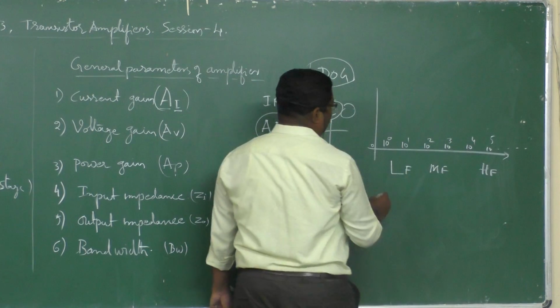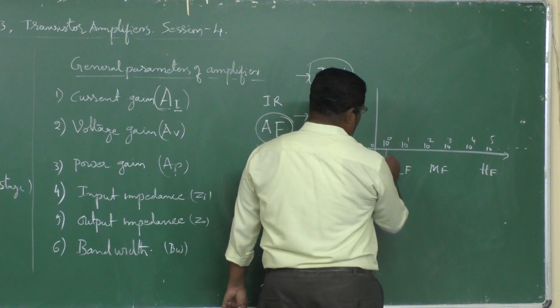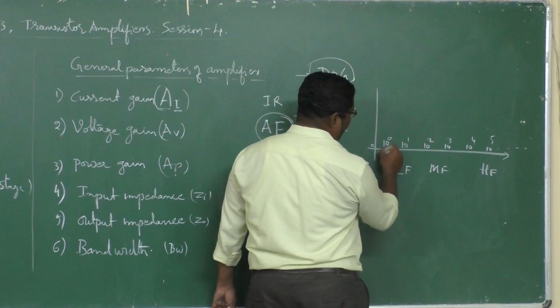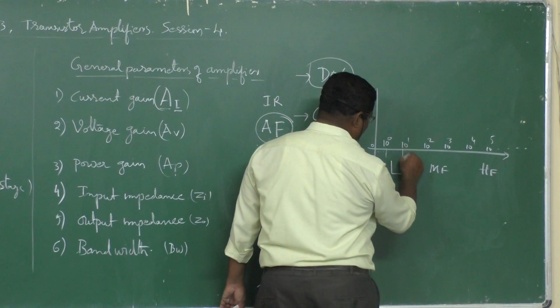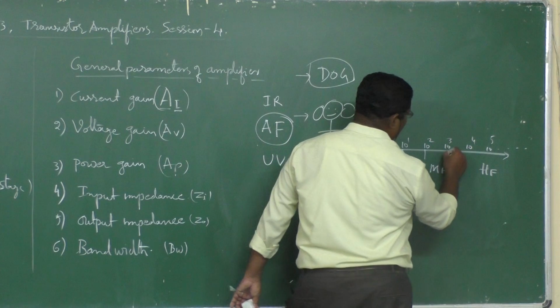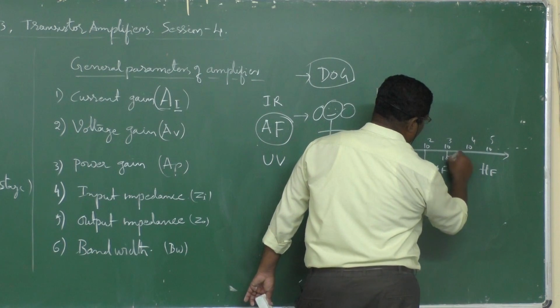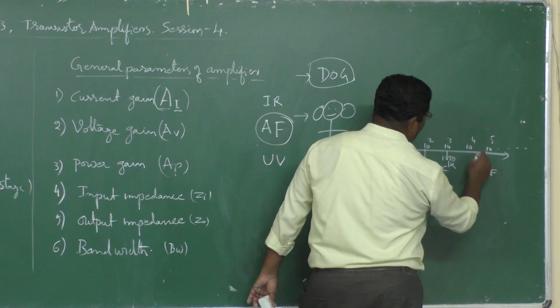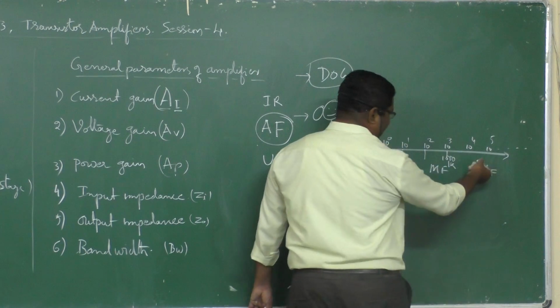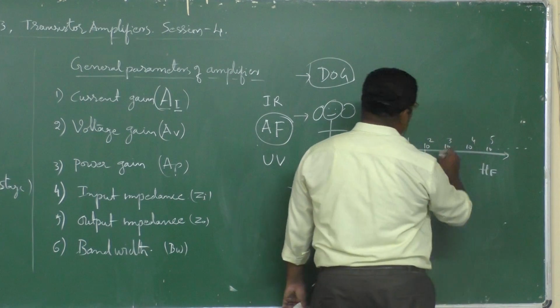So this is 1, this is 10, this is 100, this is 1000, that is 1 kilohertz, and this is 10K, and so on, it is increasing.